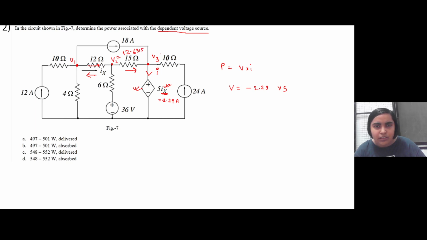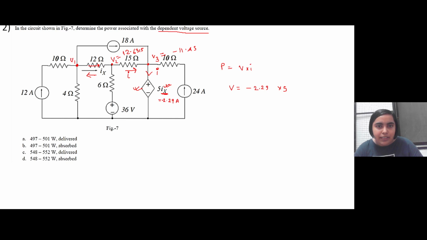And we know V3, right? V3 will be 5 ix. So it is 5 into 2.29. So it is 11.45. So you can calculate this I, right?